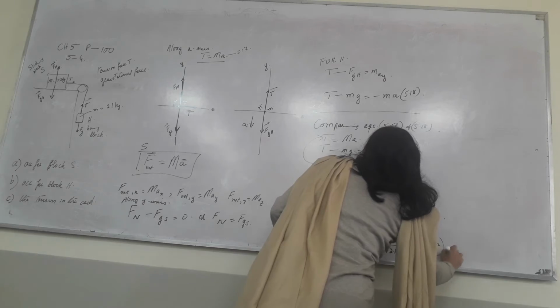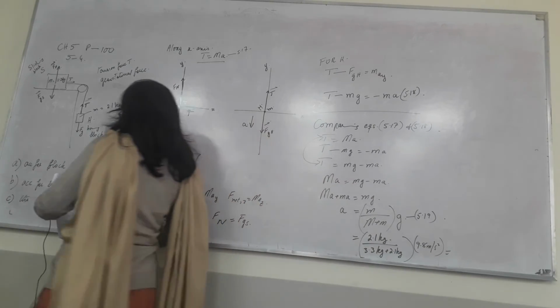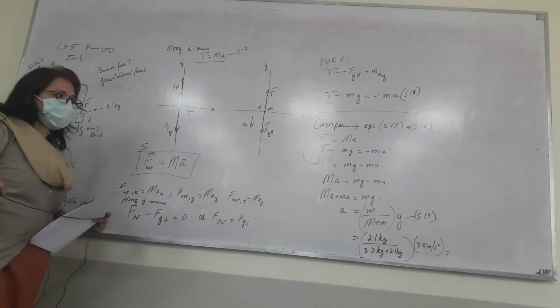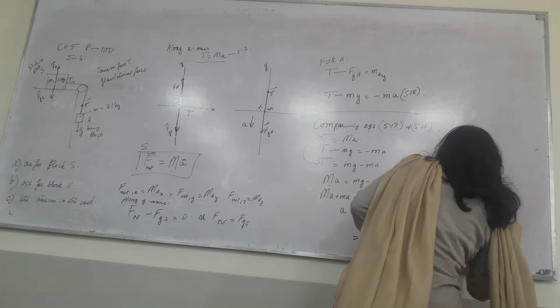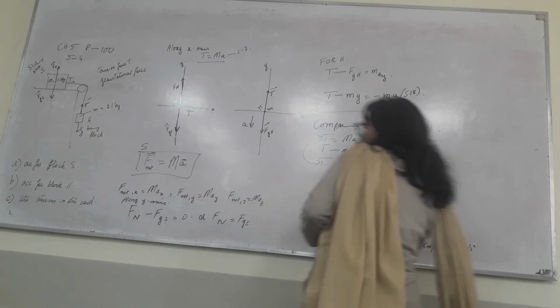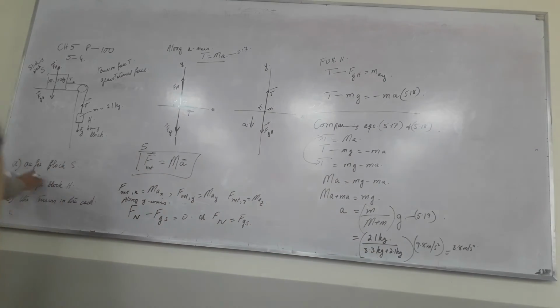And the answer comes out to be, you can calculate this, 3.8 meters per second squared. So we are answering part A. This is the answer for part A, right?